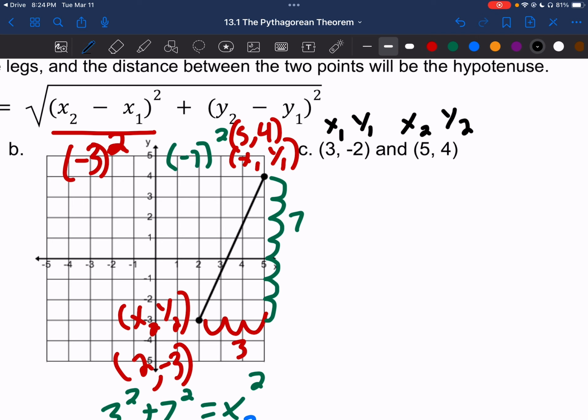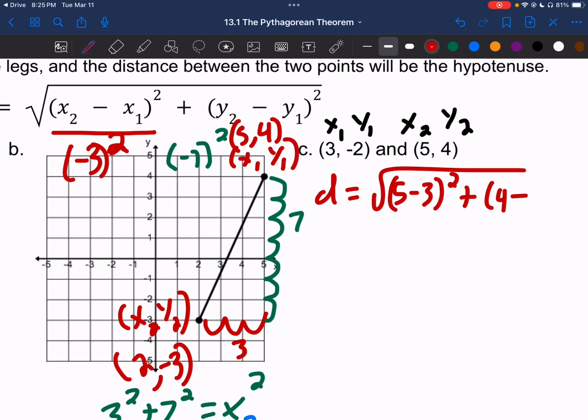So distance is equal to the square root x2 minus x1. So 5 minus 3, the quantity squared, plus y2, 4, minus y1, negative 2, the quantity squared.